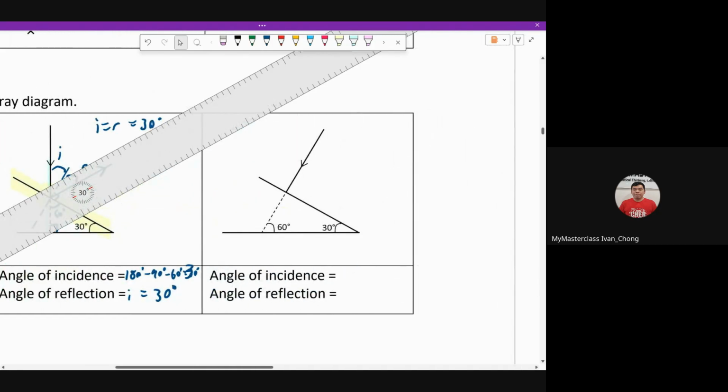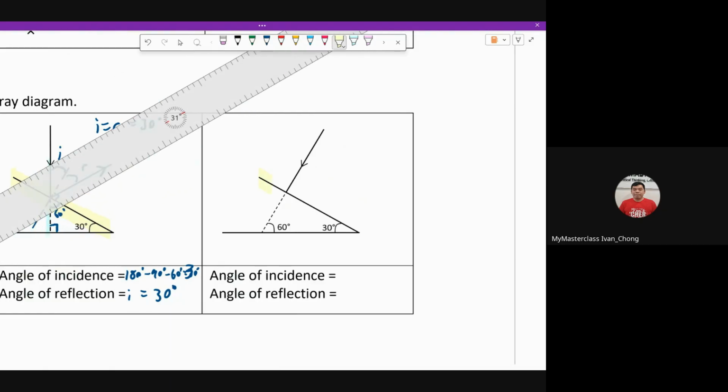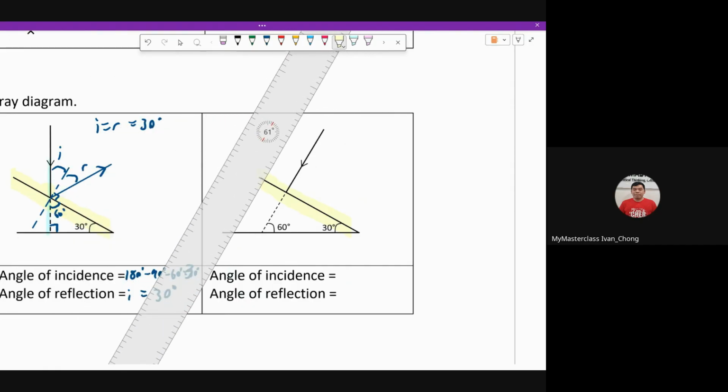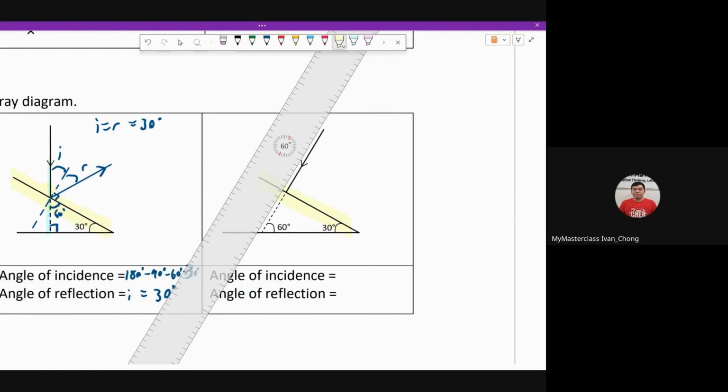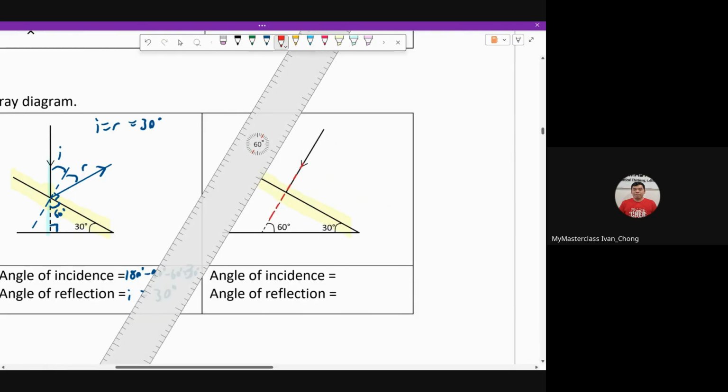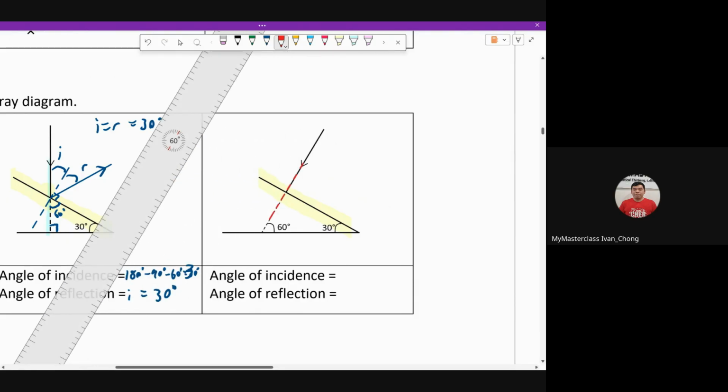Now, last but not least, this is one of the trickier questions. If you notice, the first surface is this diagonal line over here. So our incident ray and our normal, when we draw it, you'll notice that they are actually aligned to one another. 1, 2, 3, 1, 2, 3, correct? So if you notice over here, normally your I is like this.